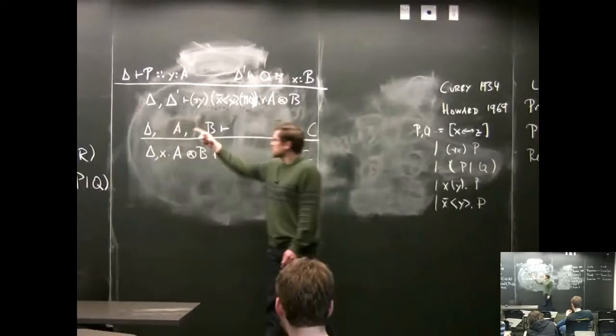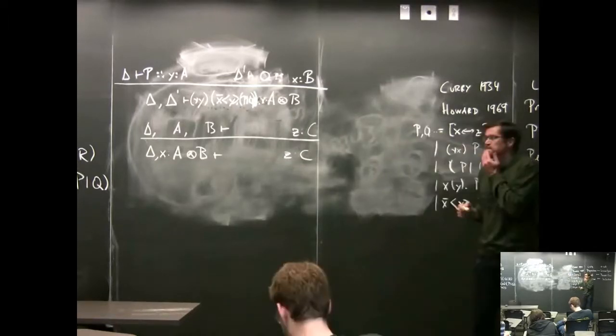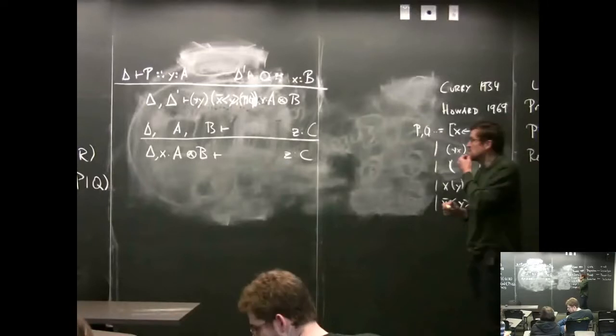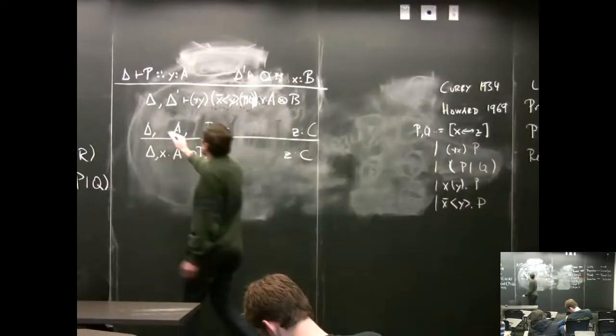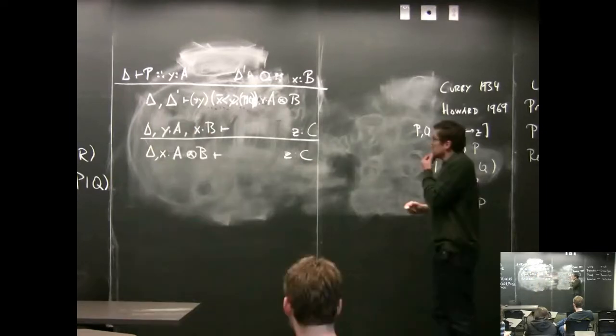Okay, so now we have to decide how to label these two premises. Based on what I did over there, how would you label them? Yeah, Anton? Y for A and X for B. Yeah, so a new Y for A, but I'm going to reuse the X for B. And now what's the process expression?